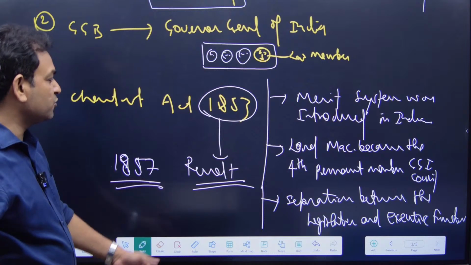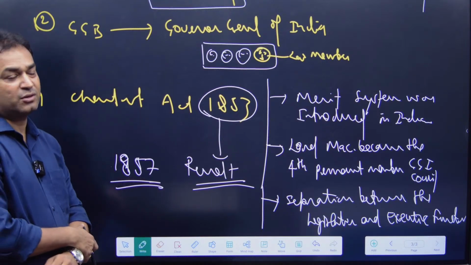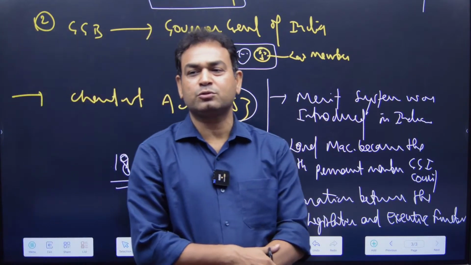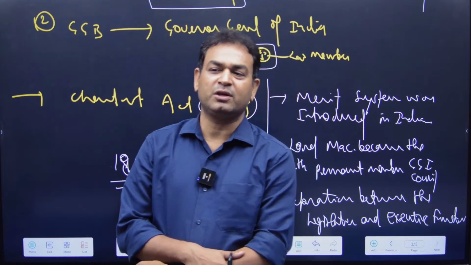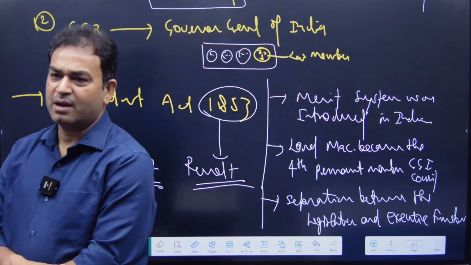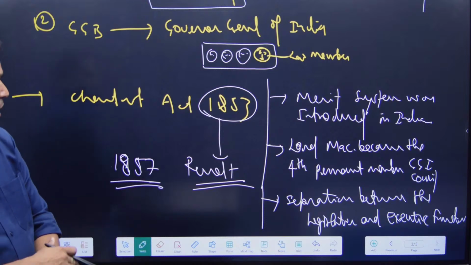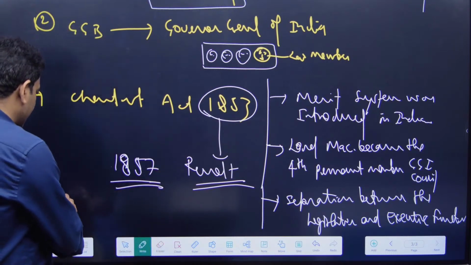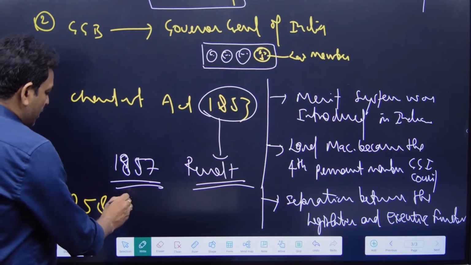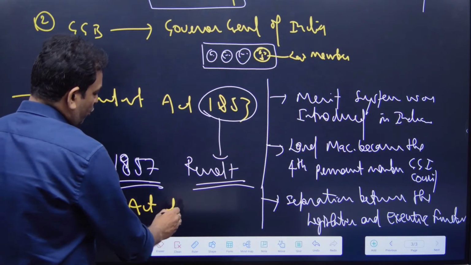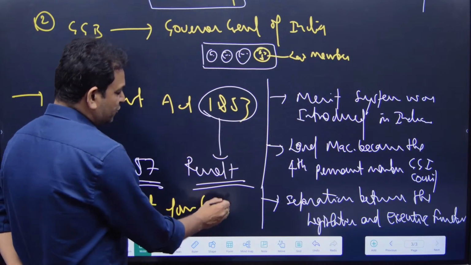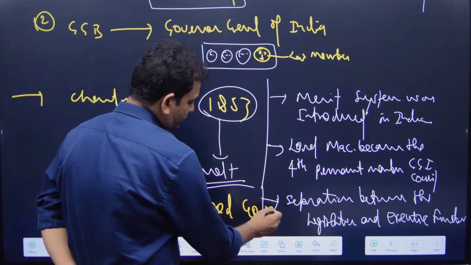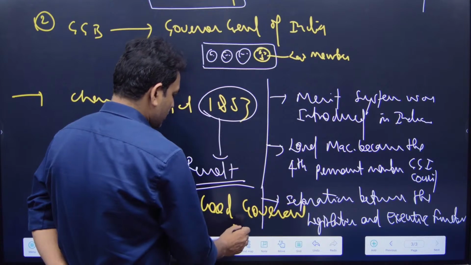But due to this revolt, the British government was bound to change the regime in India. And finally, after the end of the revolt, the British government enacted the Act for Good Governance in India.